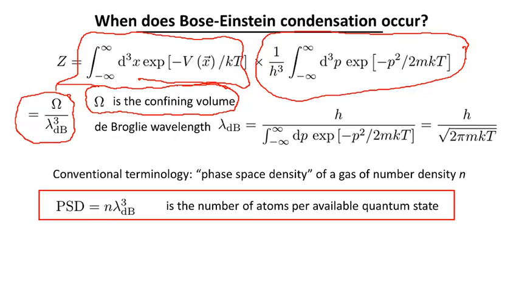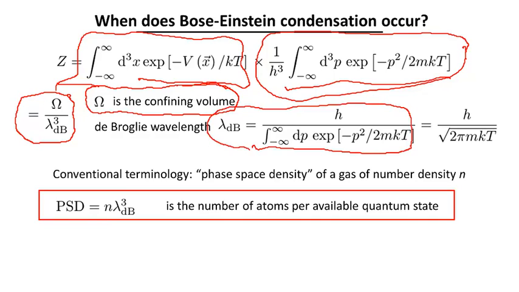And the de Broglie wavelength is defined as this integral here, which is an integral over 3 spatial dimensions. The de Broglie wavelength is defined as the inverse of the one-dimensional equivalent of that integral. That's right here, and so that's the de Broglie wavelength there, inversely proportional to the square root of temperature.